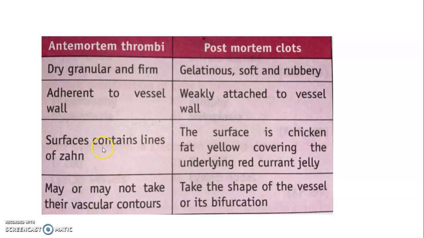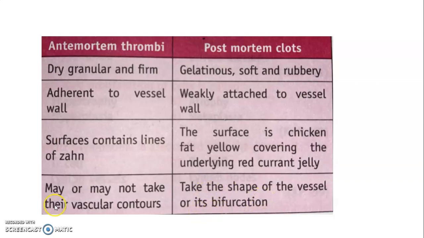Antemortem thrombi surfaces contain lines of Zahn, while in postmortem clot, the surface is chicken fat yellow, covering the underlying red currant jelly. Antemortem thrombi may or may not take their vascular contours, while postmortem clots take the shape of the vessel or its bifurcation.